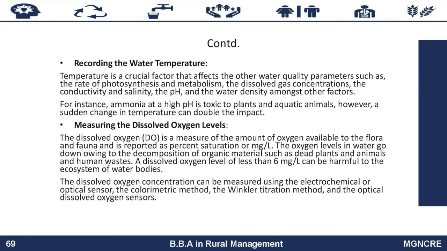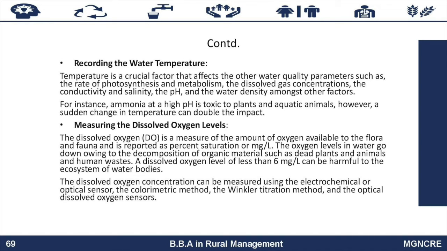The next way is measuring the dissolved oxygen levels. Dissolved oxygen is a measure of the amount of oxygen available to the flora and fauna and is reported as percent saturation or milligrams per liter. The oxygen levels in water go down owing to the decomposition of organic materials such as dead plants and animals, and human waste.